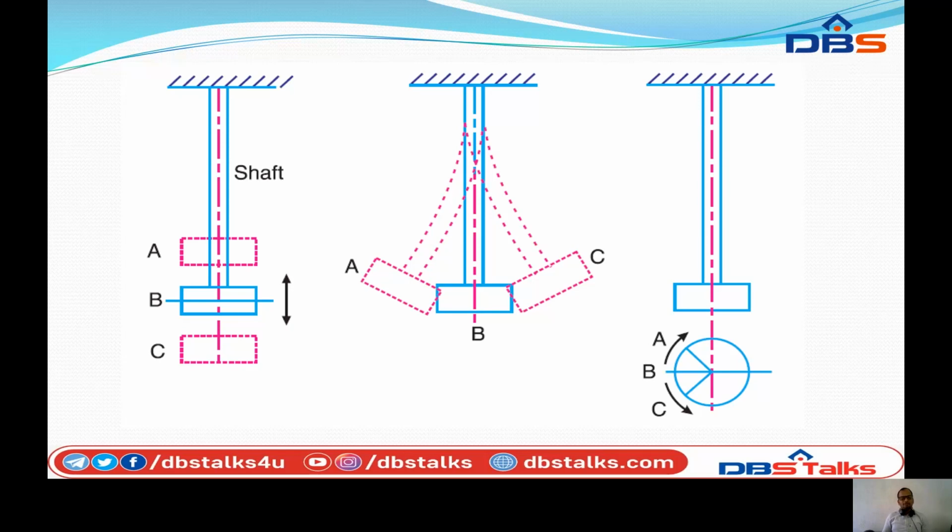Without applying any force, the disc or weight is in the rest position. The position B is called the mean position, which is the rest condition, and C and A are called extreme positions.